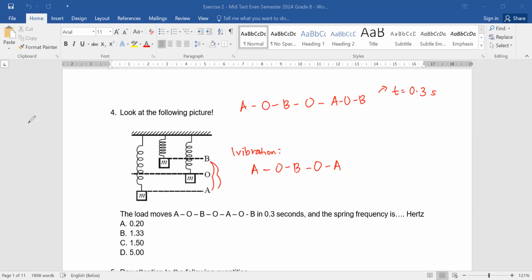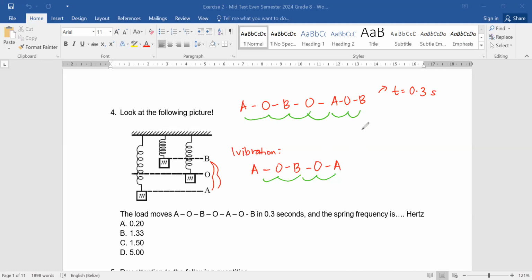This is one vibration. So we know there are 1, 2, 3, 4 sections, right? But the movement given in the question is from A to O is 1, O to B is 2, B to O is 3, O to A is 4, A to O is 5, and then O to B is 6, right?